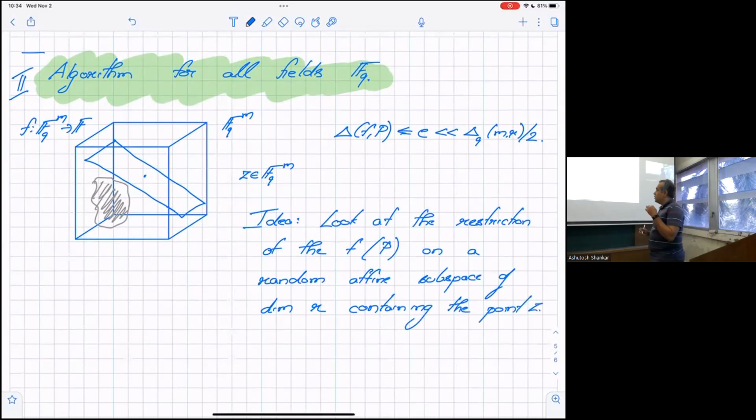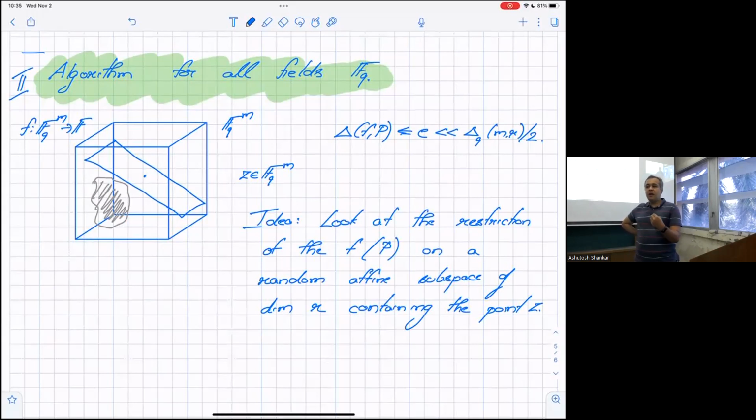Okay, so you have this particular point. I'm going to look at random affine subspaces that contain this point. Think of this point as the origin, then it's random linear subspaces that contain this point. Now, based on the randomness of the affine subspace, this particular point is not a random point, because it's a fixed point in the affine subspace.